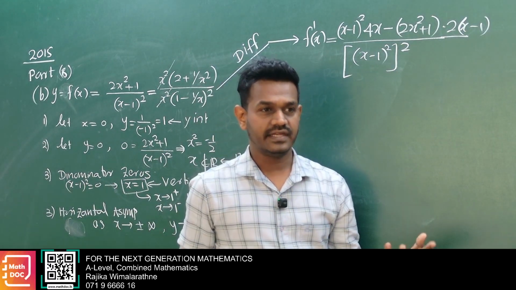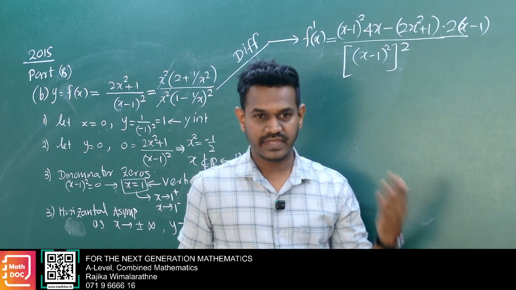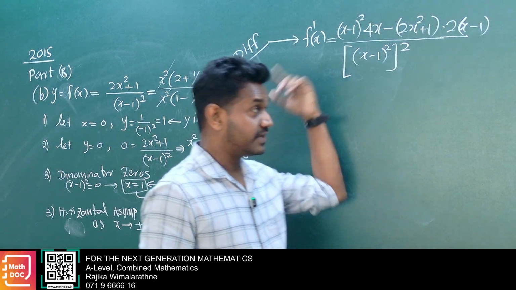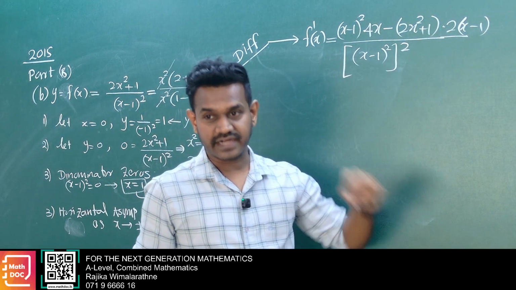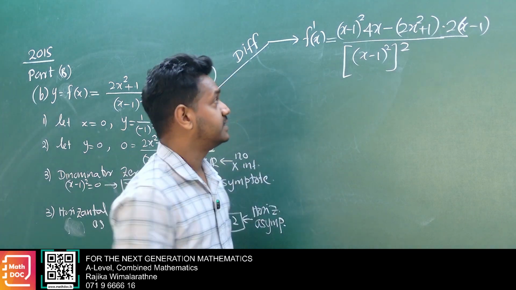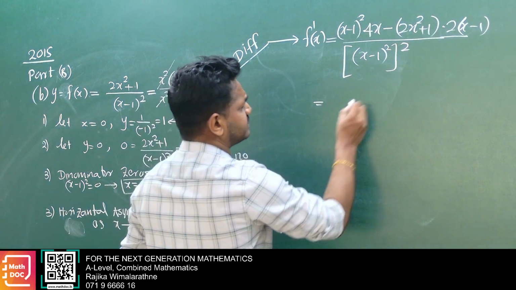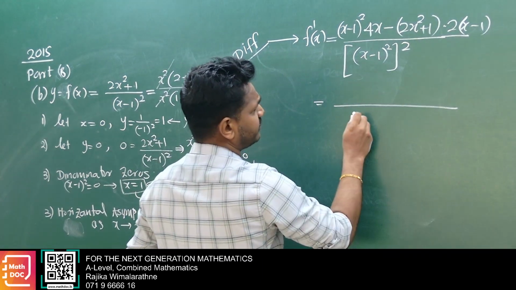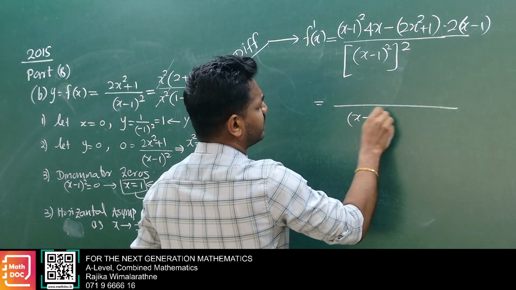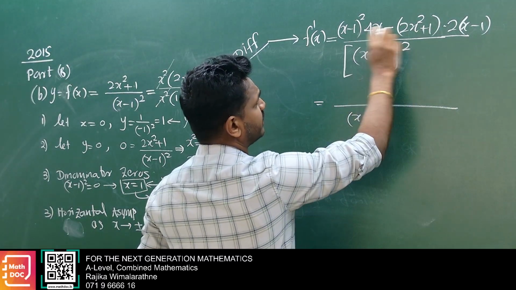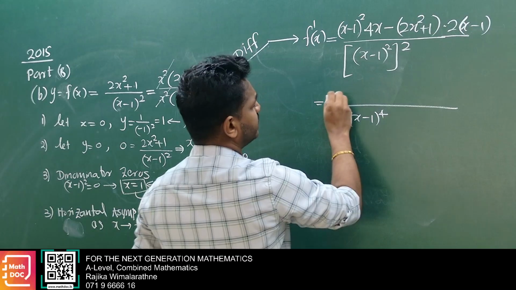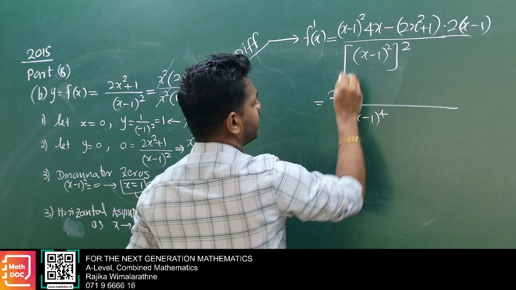So when you get the derivative, we have to differentiate first. Then we have to factorize. Before that, you simplify. x minus 1 to the power 4. Here we have common 2 and common x minus 1.